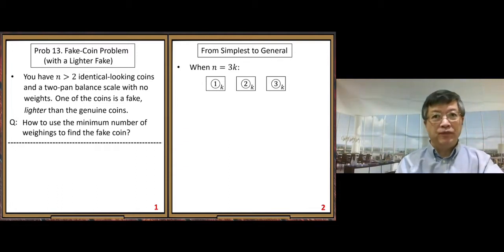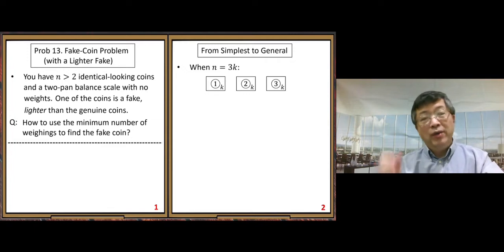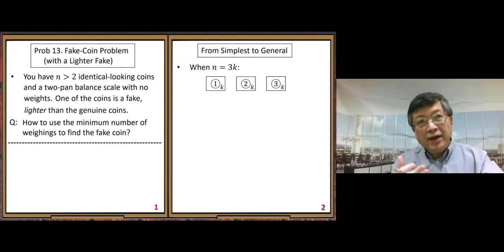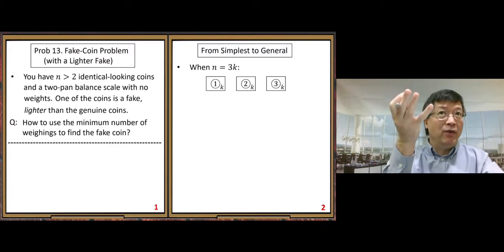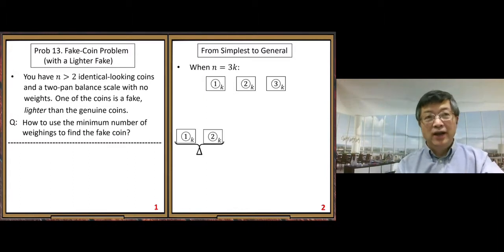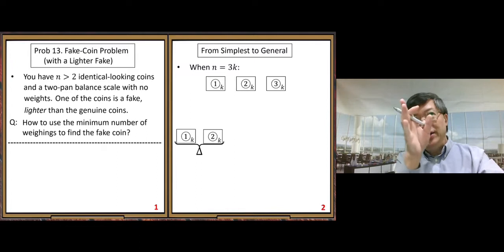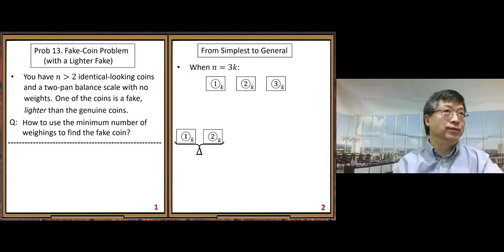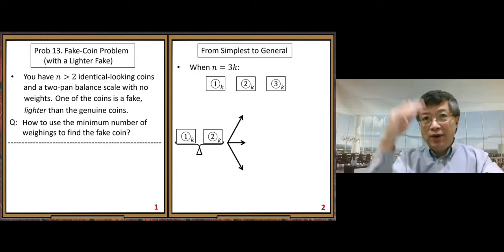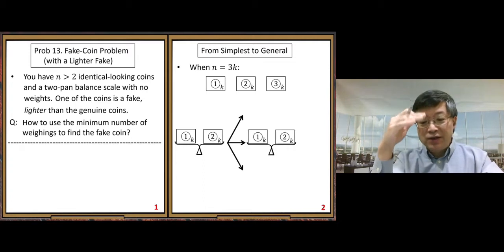So that's simple. Then when we apply weighings similar to our simplest case, pile 1, pile 2, that's simple. 3 possible cases.